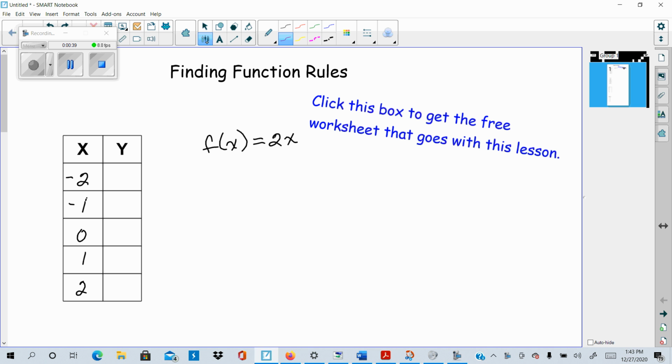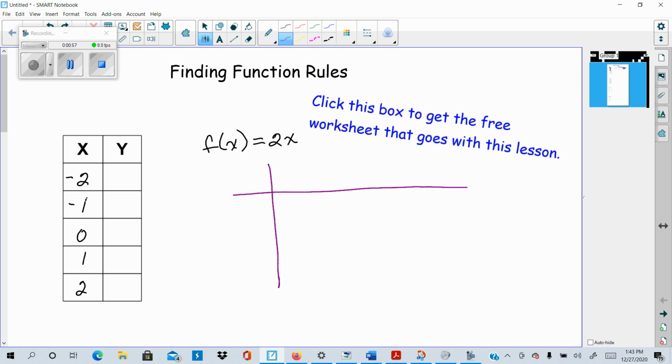So we know when we write these out, you always do an XY chart to solve. And I always like to use the numbers -2, -1, 0, 1, and 2. And the easiest way to do this, simply without making mistakes, is just to make your XY chart larger.